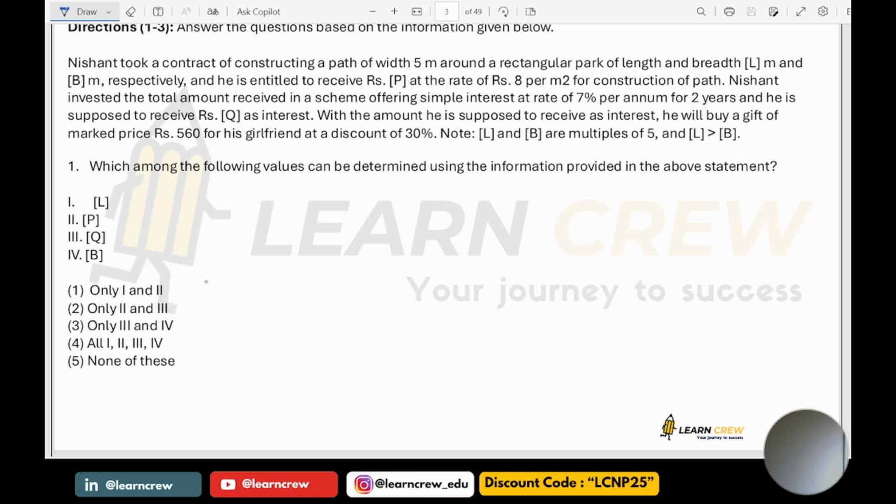So please see what is given. Which of the following can be determined using the information provided: L, P, Q, B?